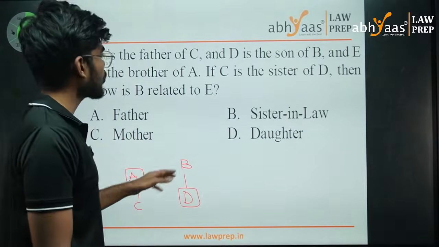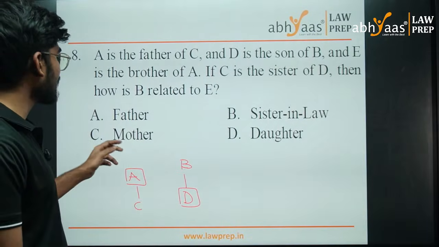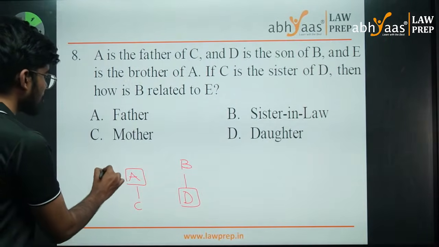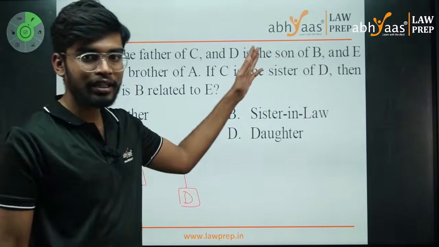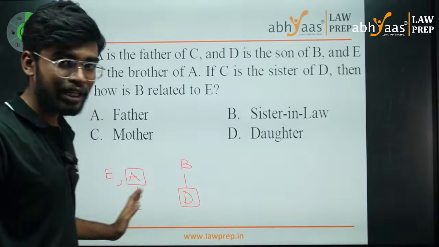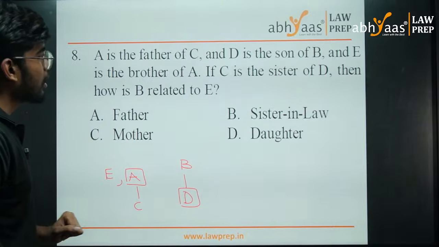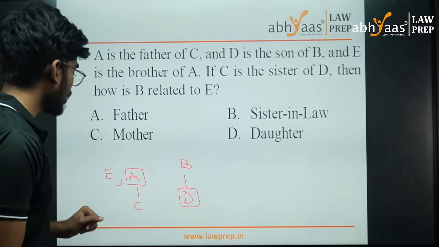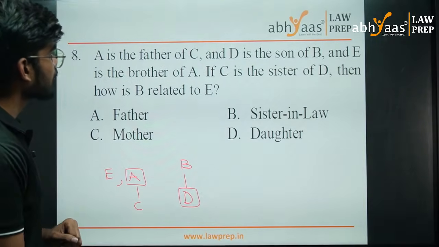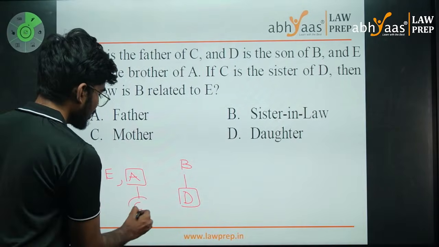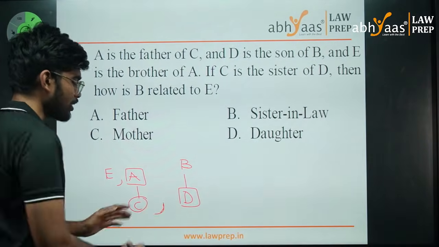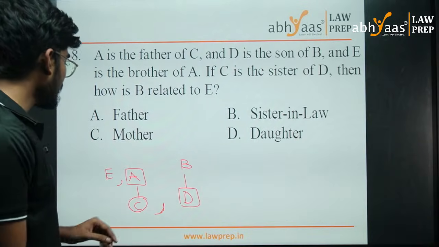Okay, A is the father of C. D is the son of B and E is the brother of A. E is the brother of A, so there is a direct relation. As there is a direct relation between the existing diagram and the person, I am indicating that directly in here. If C is the sister of D, just a minute, D is the son of B. Now here C is the sister of D, that means C, D, and there is a different scenario.